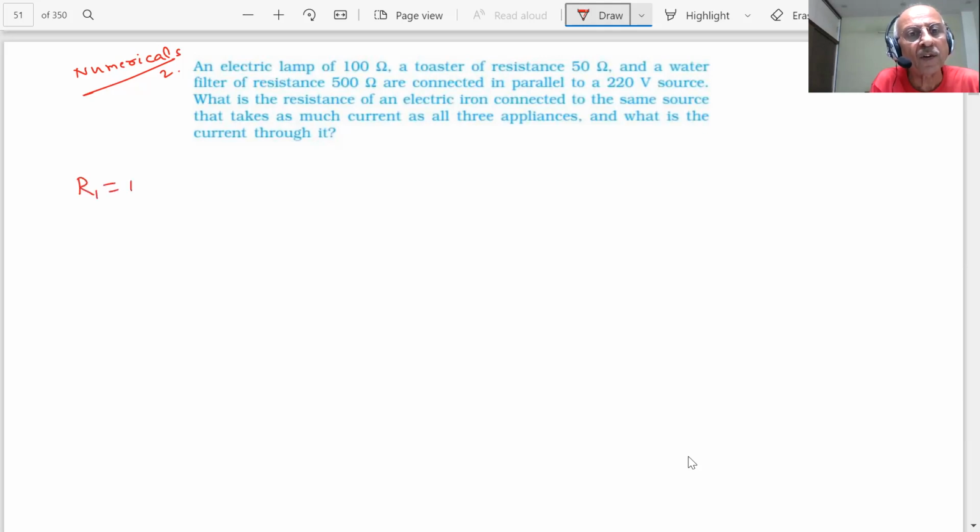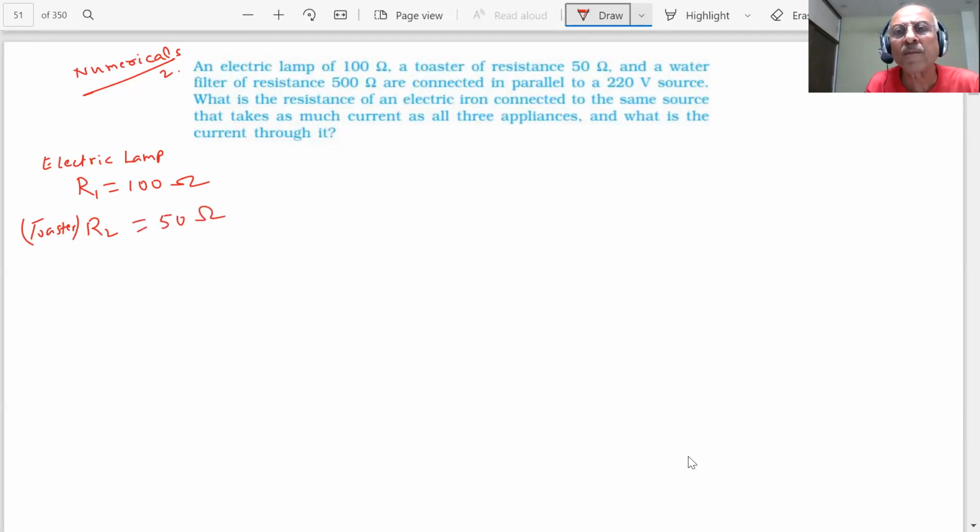R1 is 100 ohm. Electric lamp, given. A toaster of resistance 50 ohm, toaster R2. You are using a toaster at home, you roast toast bread.